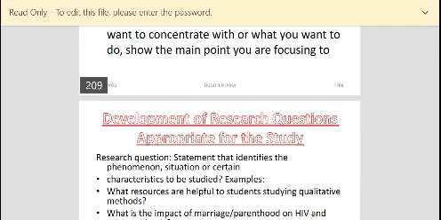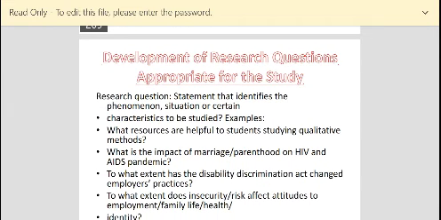Okay, let's go to development of research questions, appropriate for the start. Research questions: a statement that identifies the phenomena, situation, or setting characteristic to be studied. Example: what resources are helpful to students studying qualitative method?